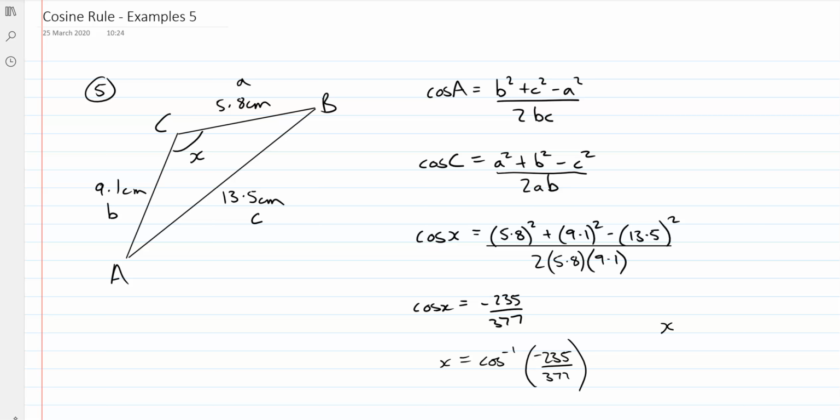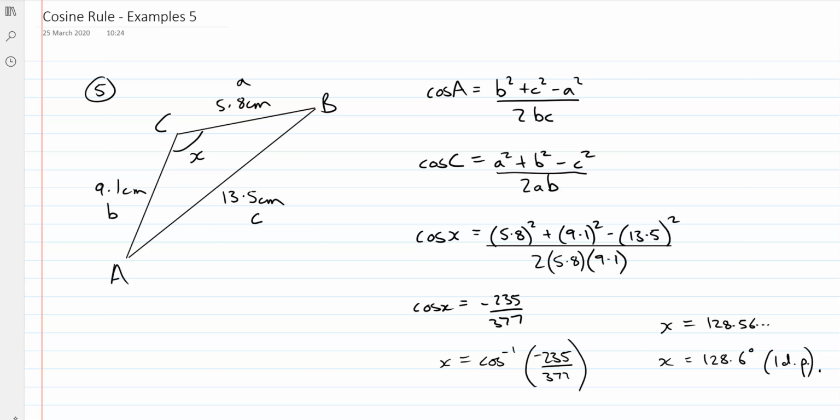And again, I'm running out of room, so I'm just going to go sideways, keep going down the page. So shift cos ans on the calculator, 128.56, etc., etc. And this will be 128.6 degrees to 1 decimal place.